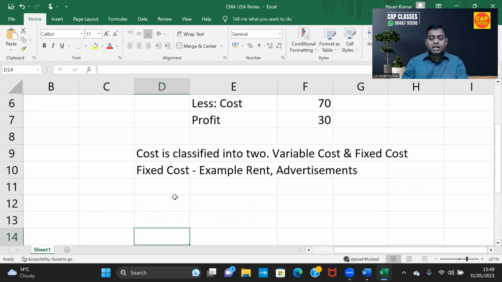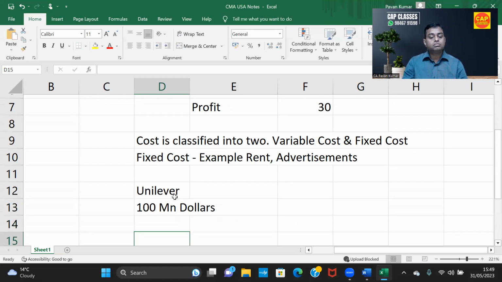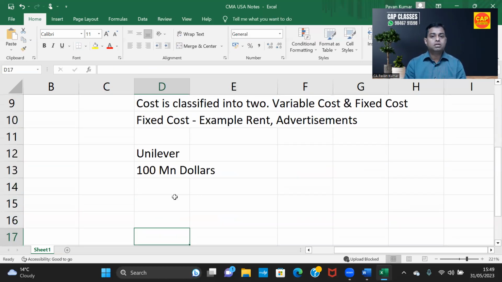Advertisements. So consider a company like Unilever. Imagine Unilever has sponsored a sports event, some FIFA football tournament, and they have spent $100 million. This is their advertisement cost.